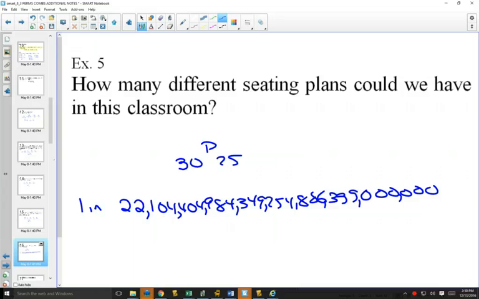Roughly 22 octillion. Chances are I'll never have to give out 100%. If they took the class that many times in their lifetime, I would hope they would pass. But yes, then there is a possibility.